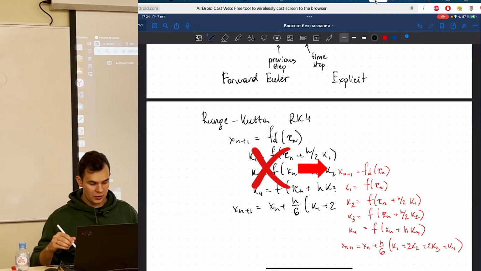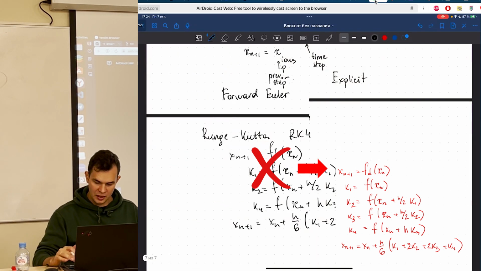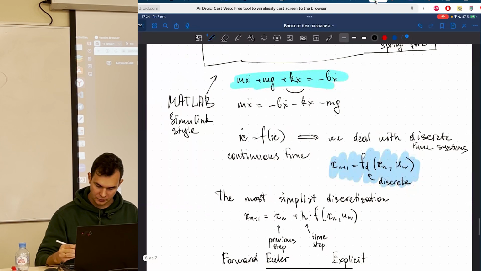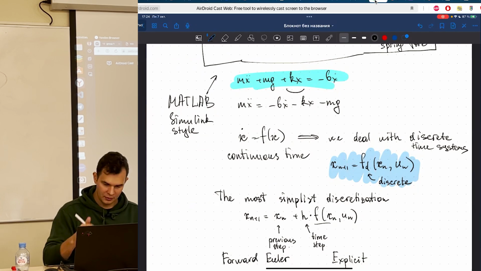So the idea is that forward Euler, the one that we had before, utilized linear approximation.